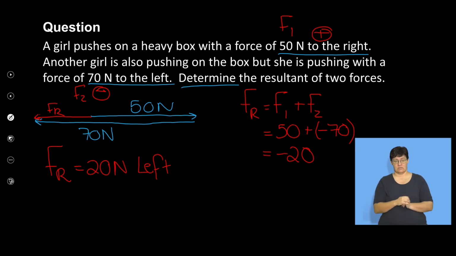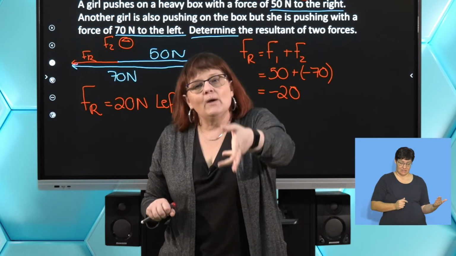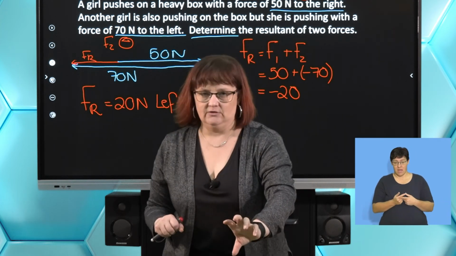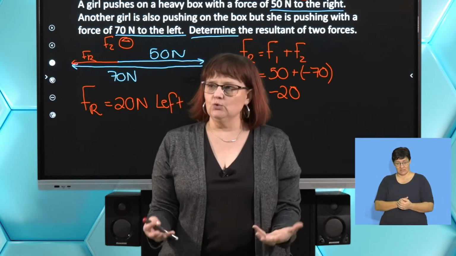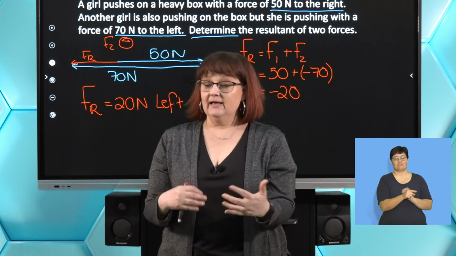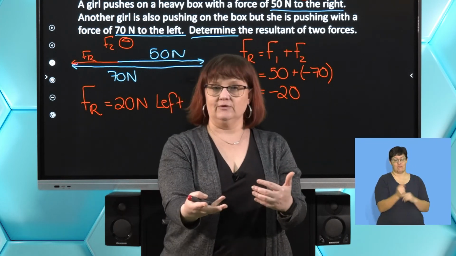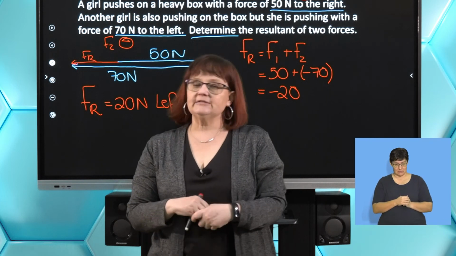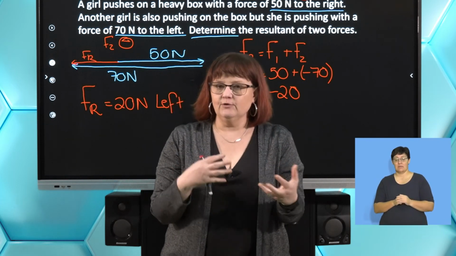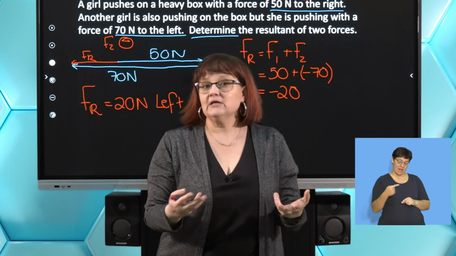We now have to be careful. That minus 20 is telling me that it's going in the left direction. But when I give my final answer, I never use a negative value. If I have to do a calculation with this, then I use it. But this negative value gives me direction. So I'm going to describe it.